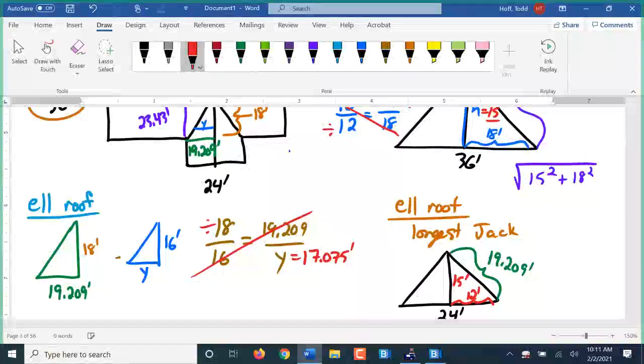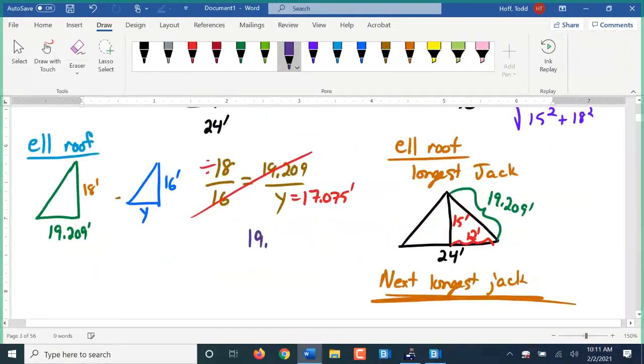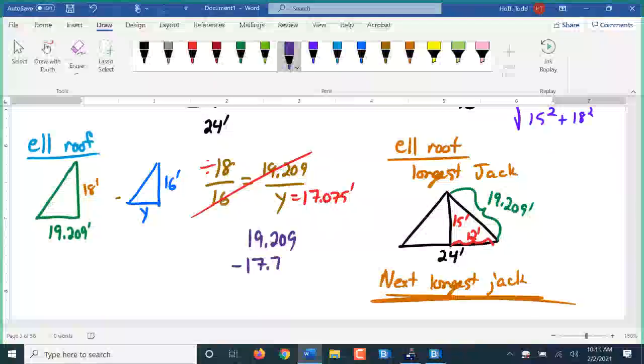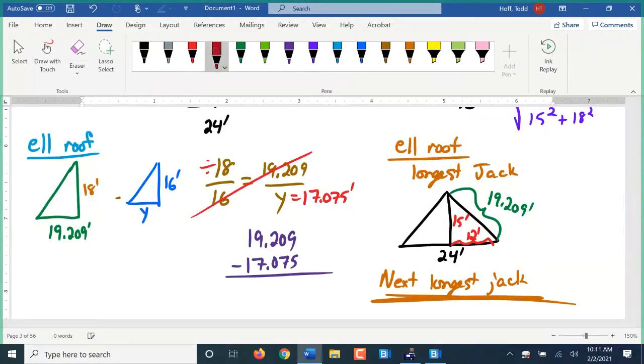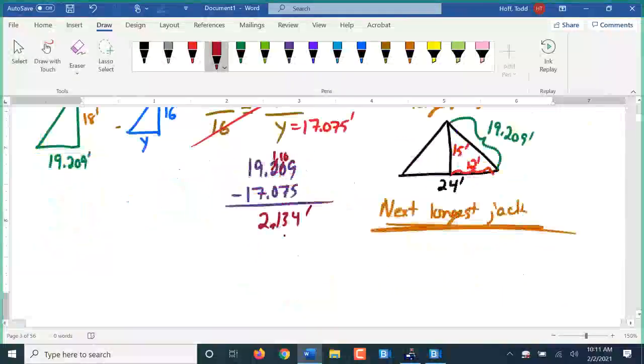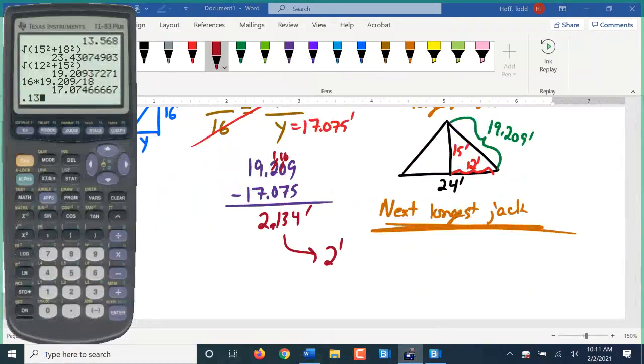So now we can find the decrease while we're here. 19.209 minus 17.075 is 2.134 feet, that is the decrease. That's 2 feet. 0.134 times 12 is about 1 inch.